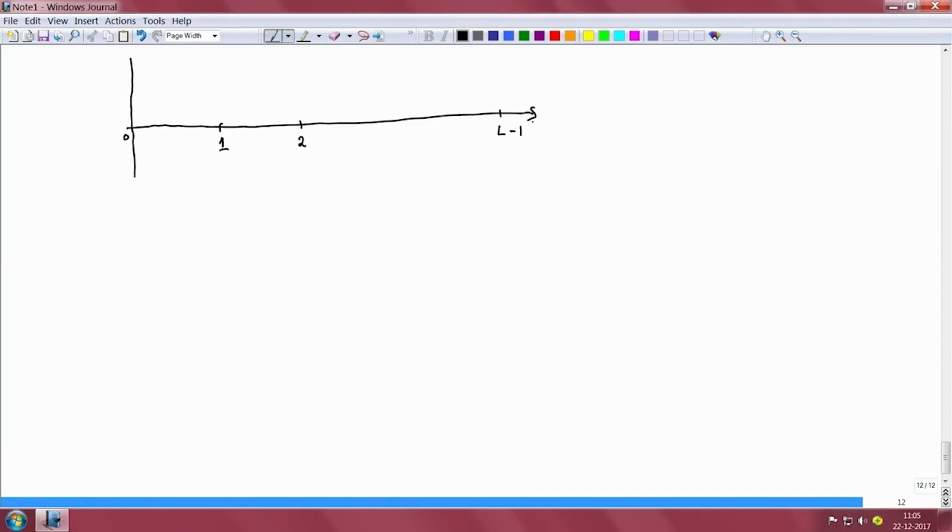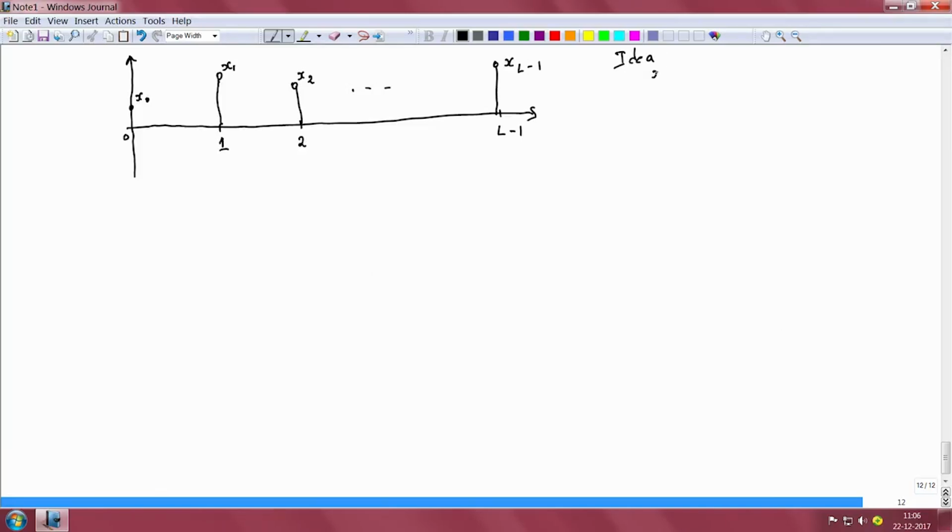So, it has L non-zero values, or the duration of the signal is L. So, let us say these values are x 0, x 1, x 2, so until x L minus 1. Now, the idea is as follows.